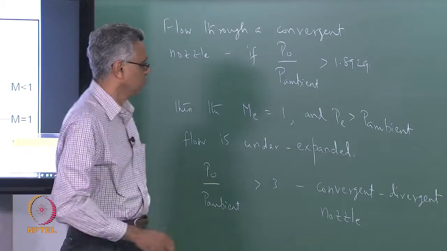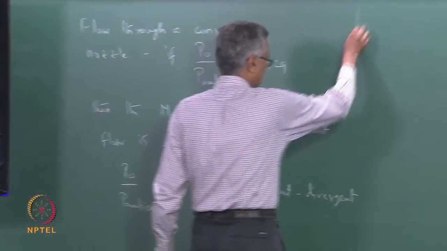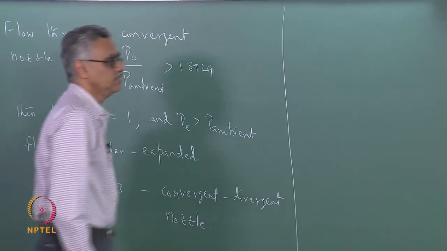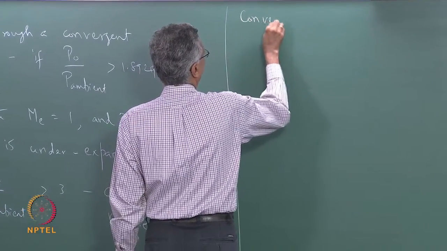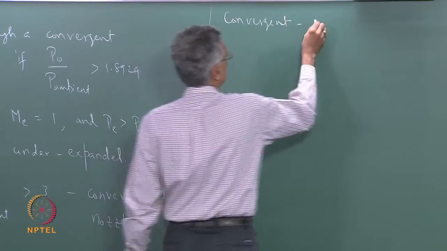So, once we have this type of a situation, we wish to use a convergent divergent nozzle, and let us see how a flow through a convergent divergent nozzle is established.